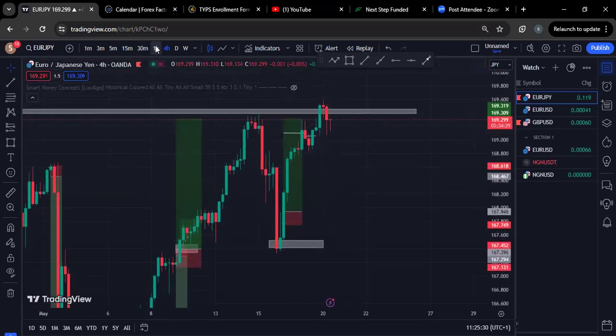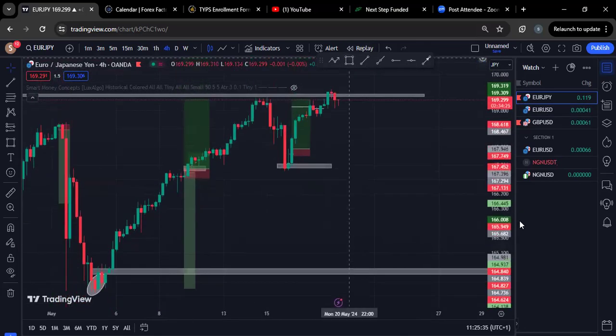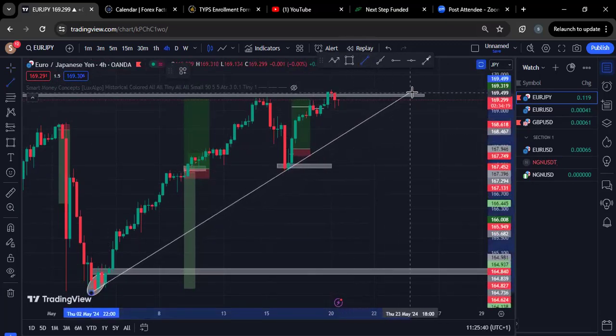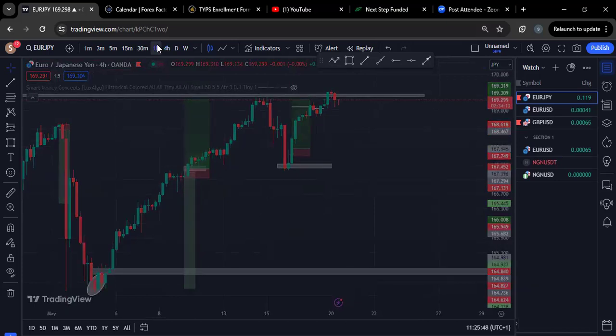But then let's go to the 1 hour. I can't draw a trend line on this one. Let me see. This trend line to me doesn't look reasonable. So let's go to the 1 hour.